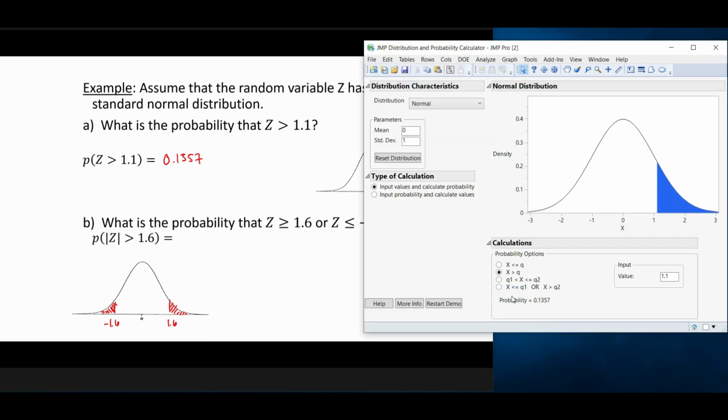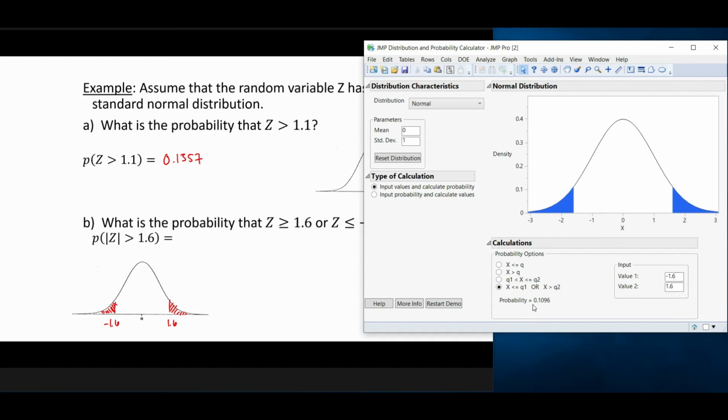If I come over to my standard normal distribution and I select this radio button in the calculator, this will give me areas in the tail. So I'll specify negative 1.6 for the lower cutoff and 1.6 for the upper tail cutoff.